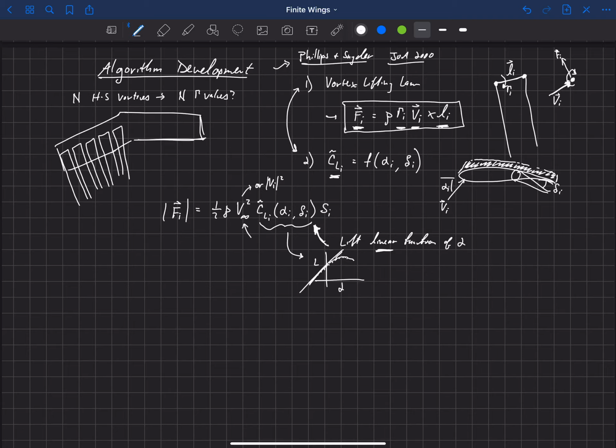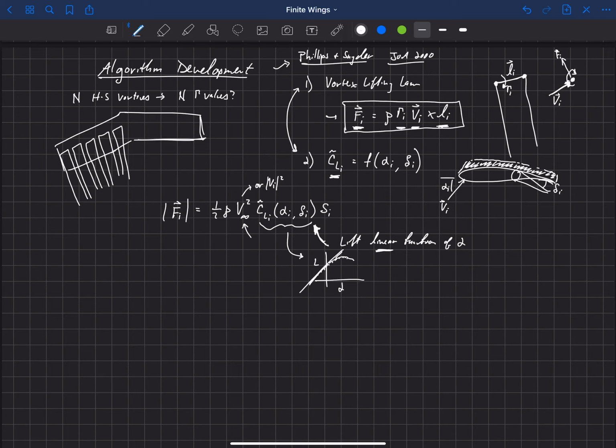Anyway, any of these will work in this algorithm, which makes it a little bit more powerful. Not only can it account for sweep and dihedral, but it can also account for these nonlinear effects or aerodynamic relationships.